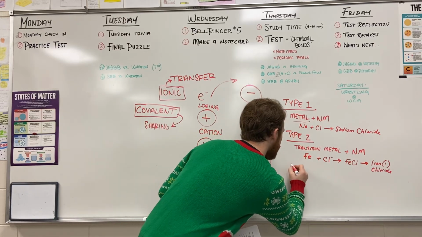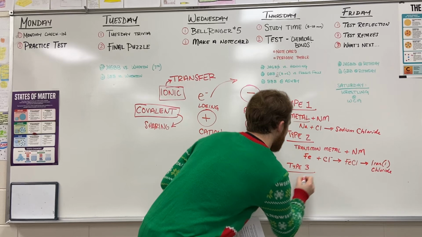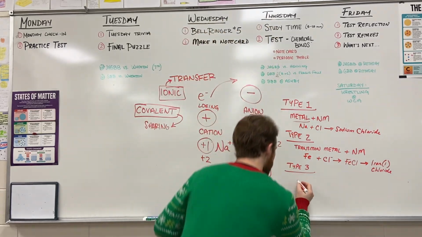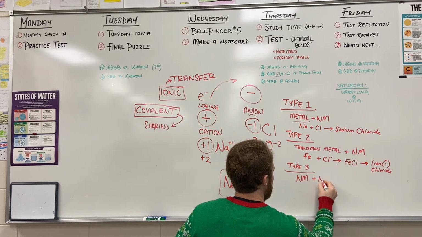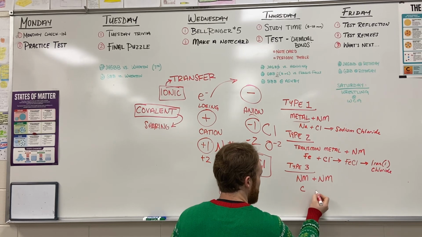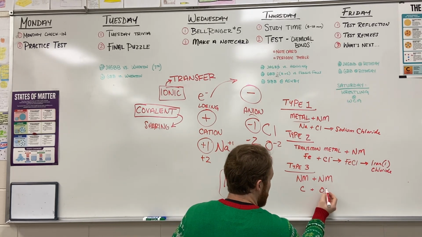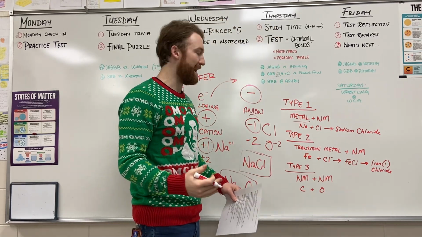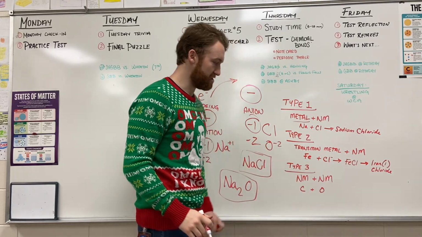Next, type 3, our final type. Okay, so type 3, you're not going to have any metals in the formula whatsoever. You're going to have non-metal plus non-metal. So a couple non-metals, you could have carbon plus oxygen. And with type 3, the charges don't necessarily matter in this case. You're just really looking at carbon here and how many oxygens.